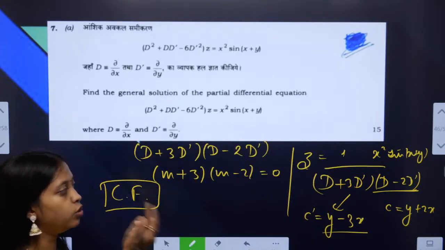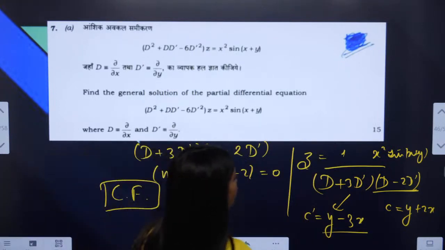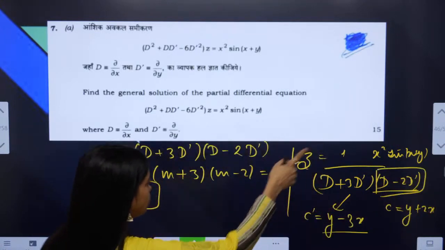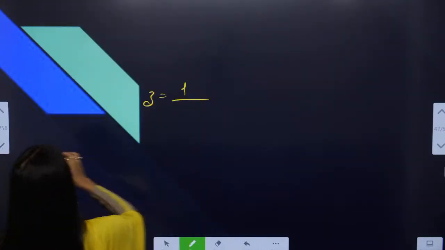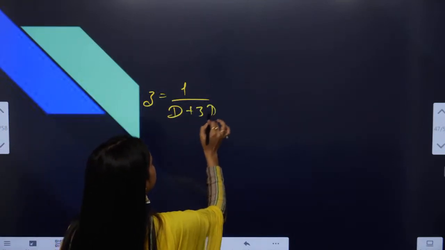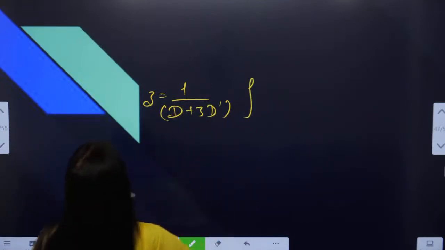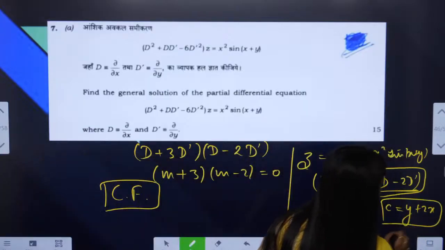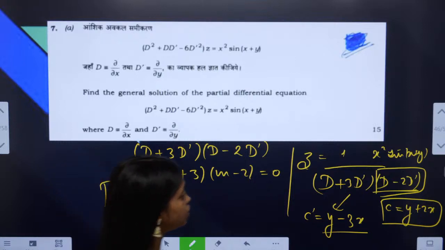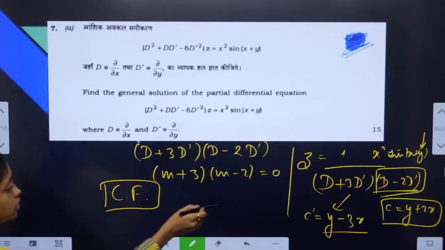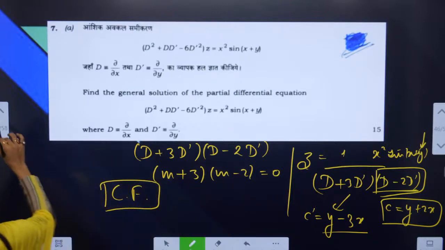Right, and do the integration. When you apply this expression D minus 2D dash in the denominator, z actually becomes 1 upon D plus 3D dash, and it is converted into the integration. In the integration, y is c minus 2x, so change y into c minus 2x.